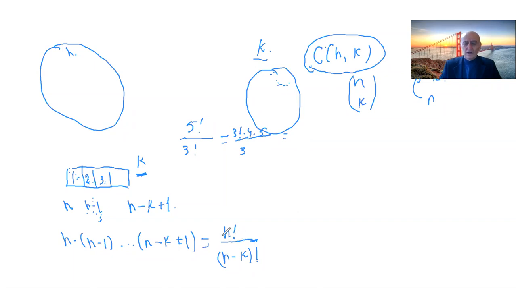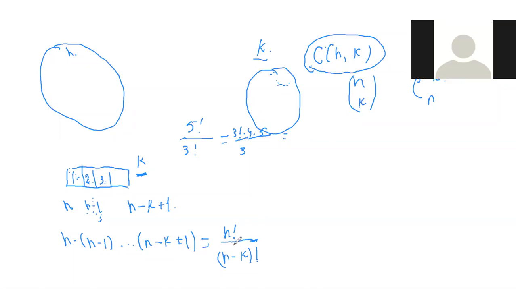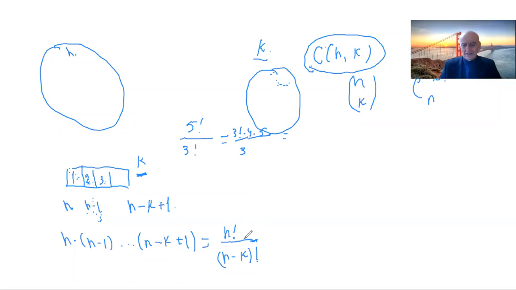So this same we can do here, n factorial we can represent as n minus k factorial times n minus k plus 1. This is next integer after n minus k, up to n factorial.